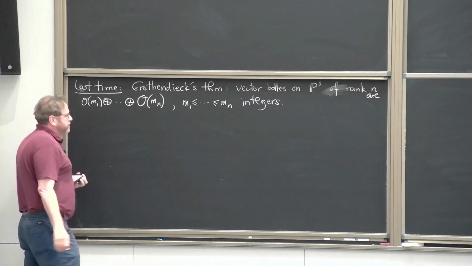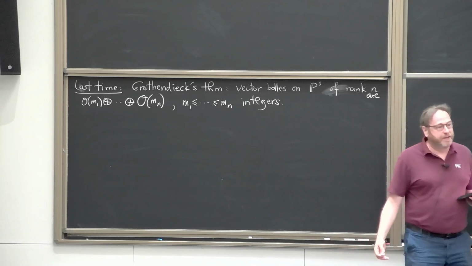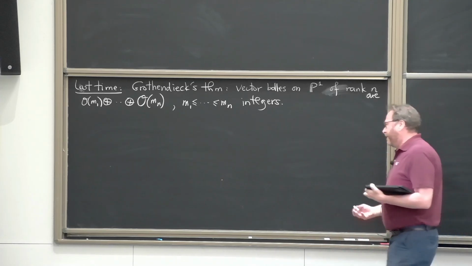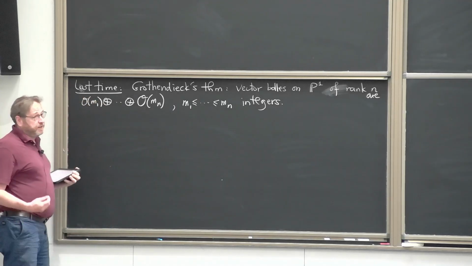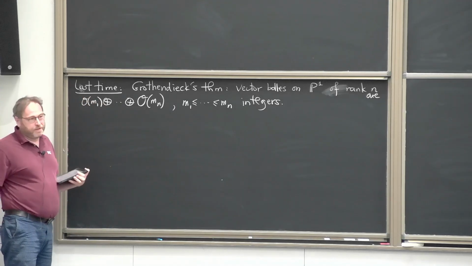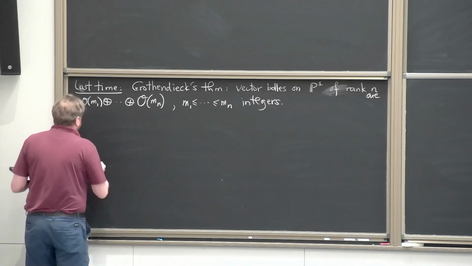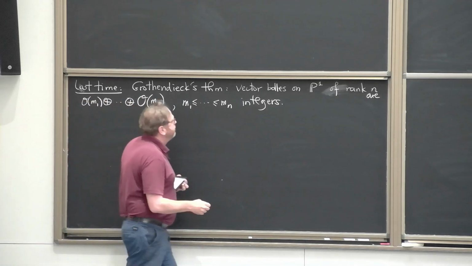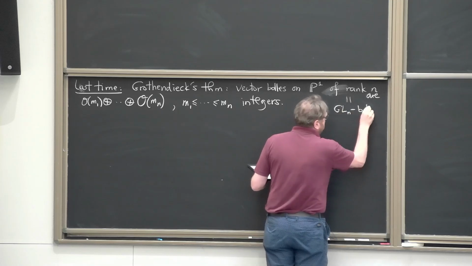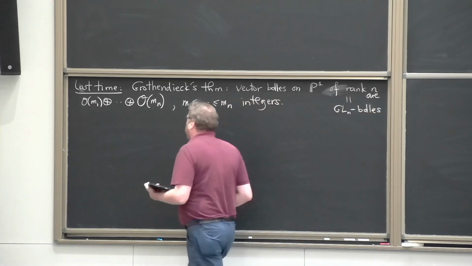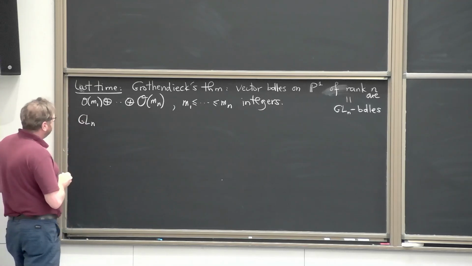And I want to start with explaining how this generalizes to an arbitrary connected reductive group. And to do so, I want to reformulate this result in a way that will be easy to extend to any connected reductive group. So recall, this is the same as GL_n bundles. And GL_n is the group of invertible n by n matrices.